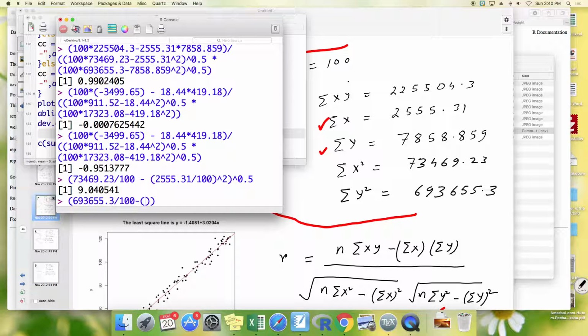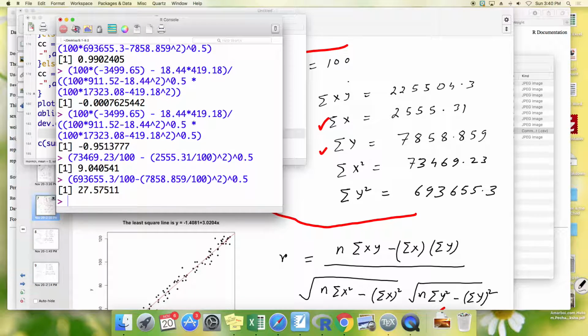Summation y is 7858.859 divided by n, so 100. Take the square of that, and take the square root of the whole thing, and that shall be 27.575.